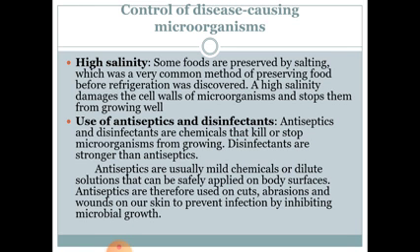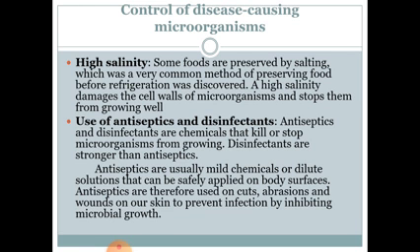Antiseptics are therefore used on cuts, abrasions, and wounds on our skin to prevent infection by inhibiting microbial growth. Examples of antiseptics are Dettol, hydrogen peroxide, and tincture of iodine.